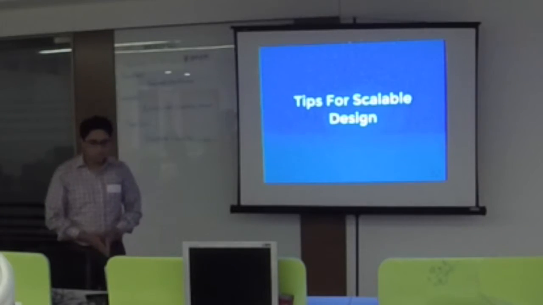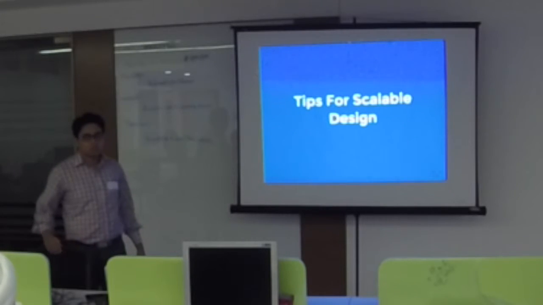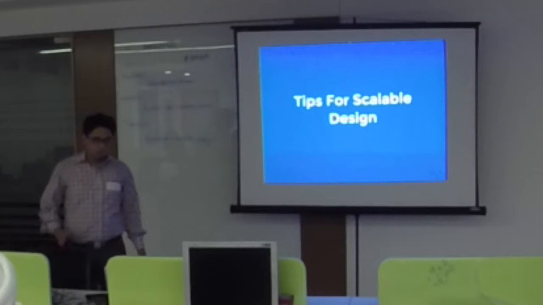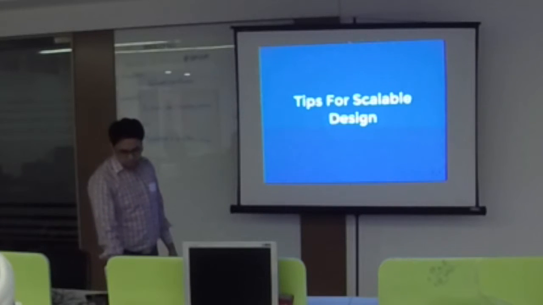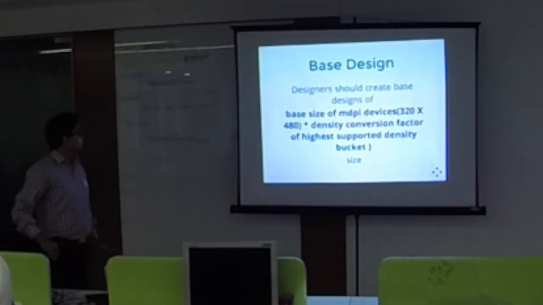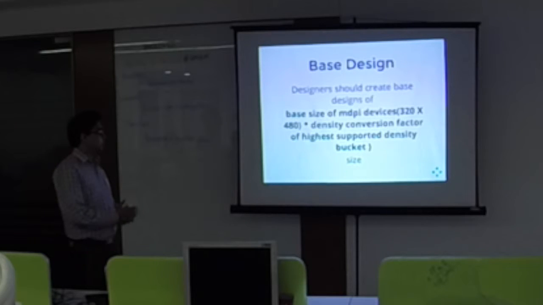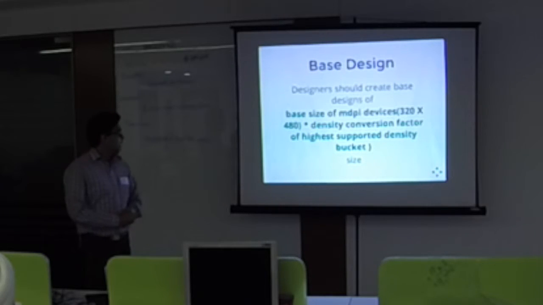So now we will see few tips for designers how they can create designs for this variety of screens. First tip is designer should create base design of base size of MDPI device which is 320 by 480 multiplied by density conversion factor of highest supported density bucket.